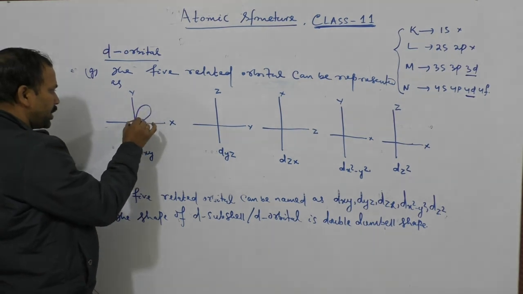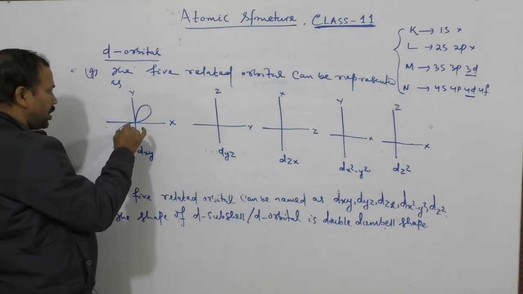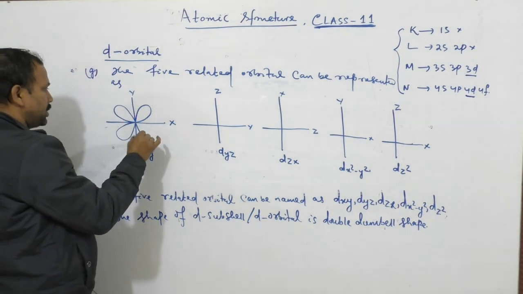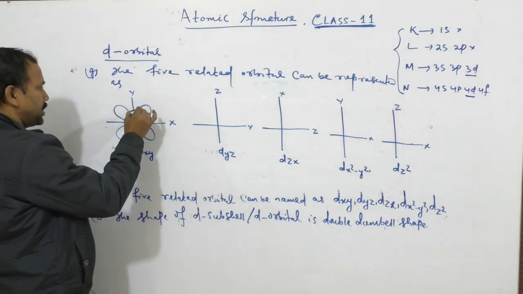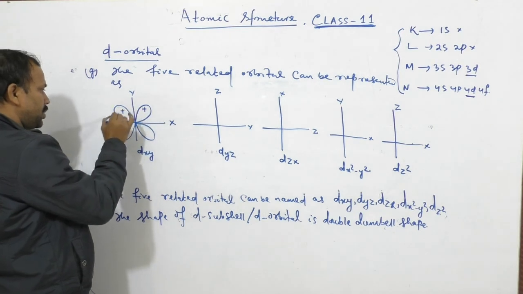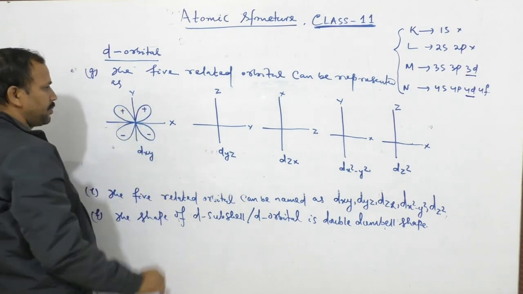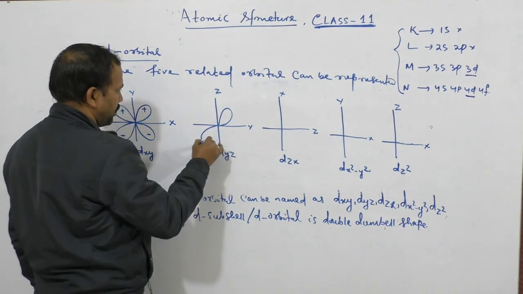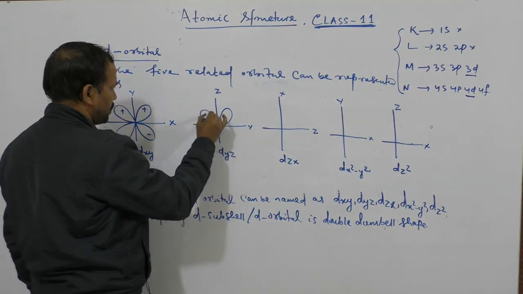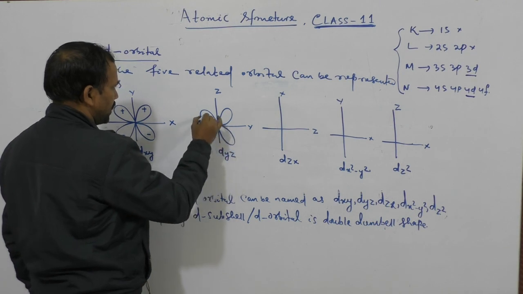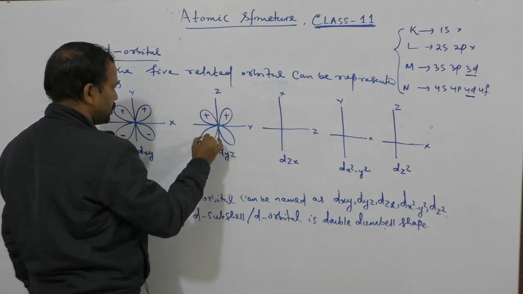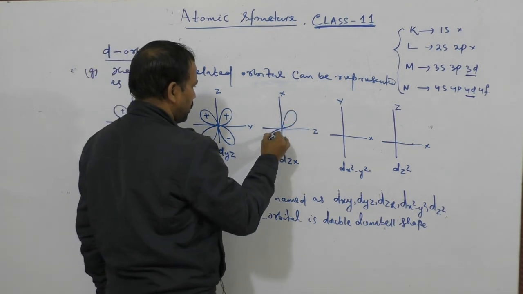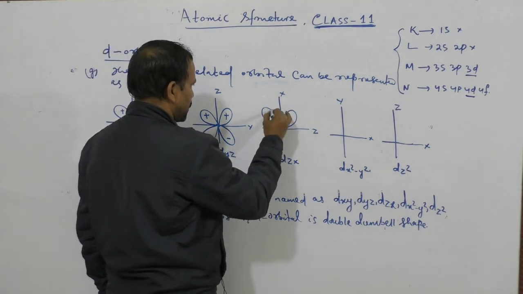Now for dxy, this is one dumbbell. The second dumbbell also lies in between the axes. This is plus, this is minus. Similarly, the lobes lie in between the axes, meaning the y axis and z axis. This is plus, minus. The lobes lie in between the z axis and x axis.